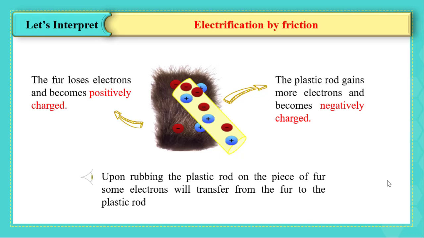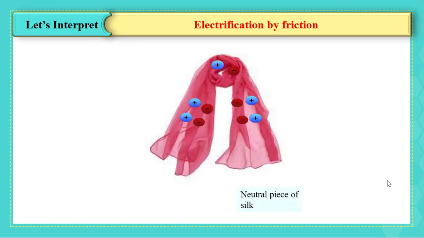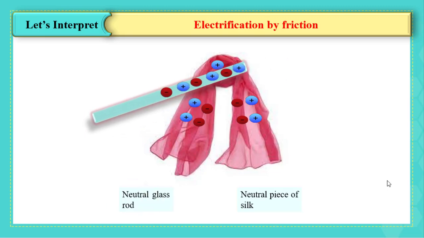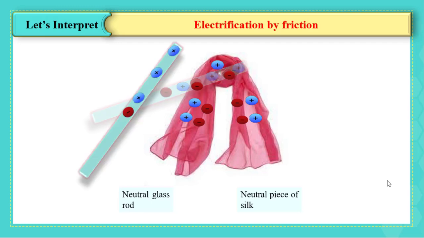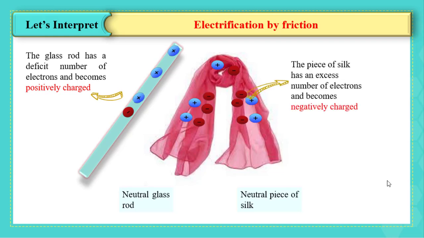Similarly, when a glass rod is rubbed with a piece of silk, some electrons will be transferred from the glass rod to the silk. Then the glass rod has a deficit of electrons and becomes positively charged, and the piece of silk has an excess of electrons and becomes negatively charged.